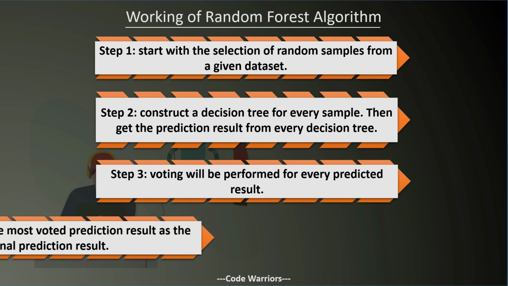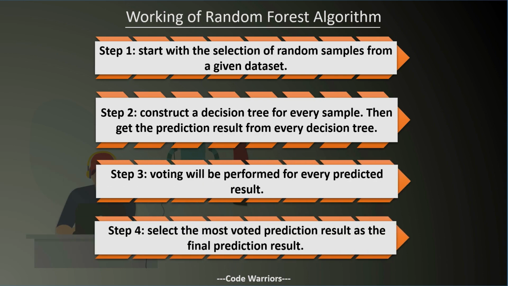Here are four steps I will speak out loud to recap the working of the random forest algorithm. Step 1 is to start with the selection of random samples from a given data set, so we split the data set into subsamples for training. Then in step 2, construct a decision tree for every sample, then get the prediction result from every decision tree.